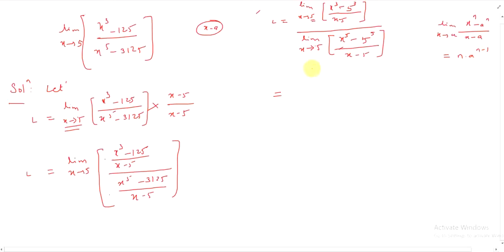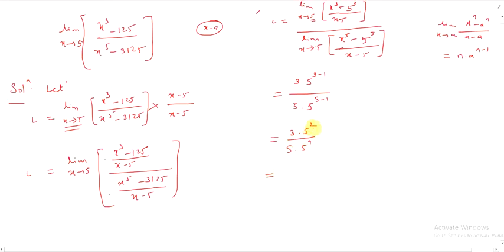So in the numerator, n is equal to 3, a is equal to 5, so 5 raised to 3 minus 1, upon, again n is equal to 5, a is equal to 5, 5 raised to 5 minus 1. So it is equal to 3 into 5 raised to 2 upon 5 into 5 raised to 4.